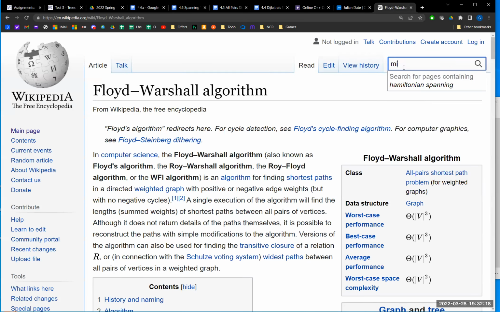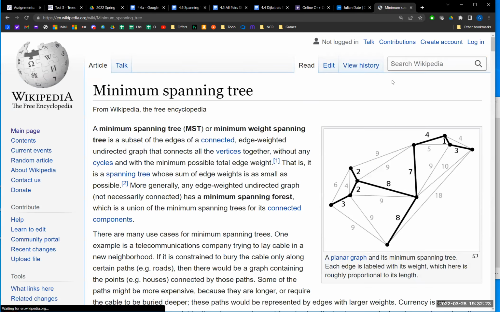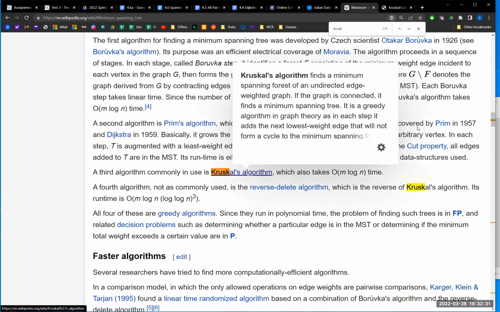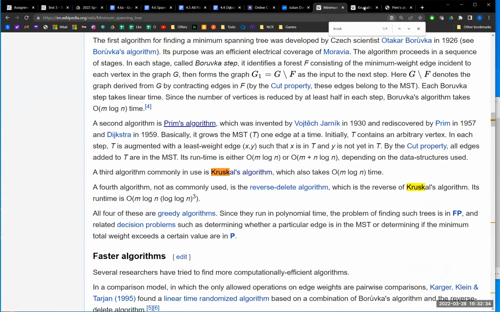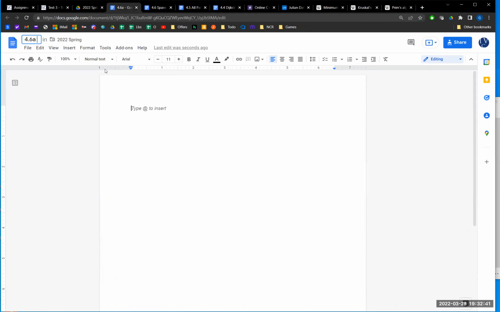Prim is the other one. Or is it Kruskal? It must be Kruskal. Where is it? Kruskal, there we are. That's what I want. And there's Prim. Kruskal's is what we're going to look at here first. I have to pull the name back out of the recesses of my mind.